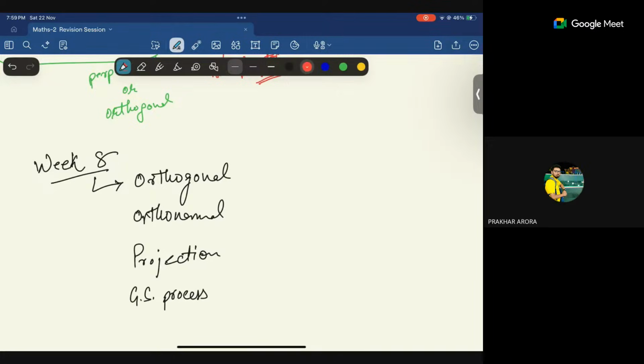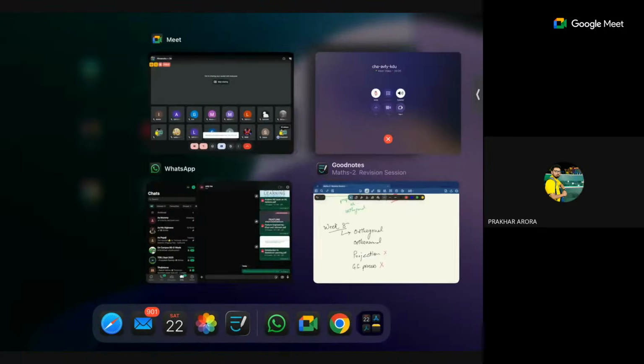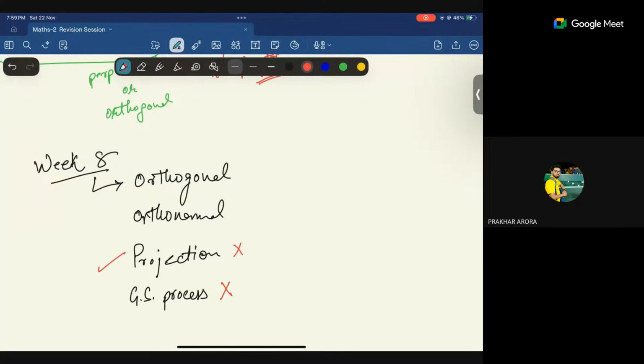However, seeing that the time is running short, Gram-Schmidt process and projections I will not be able to cover today. Projections is one of my favorite topics to teach in linear algebra, however, I will not be able to take it now. I will end the session with a discussion on orthonormal.